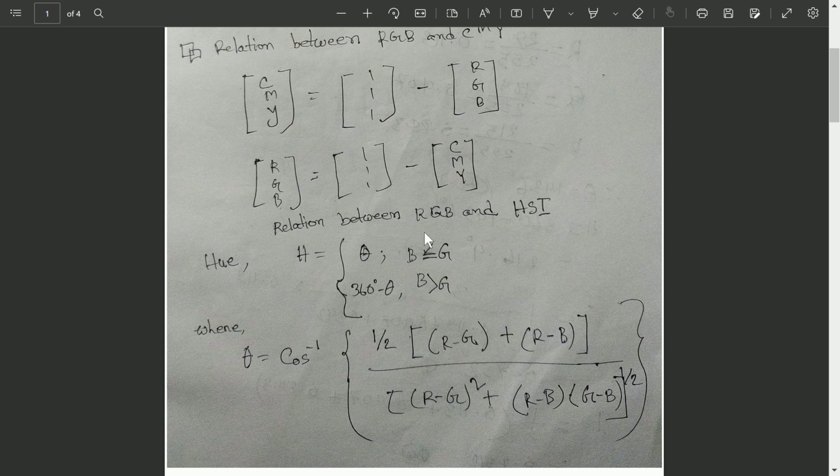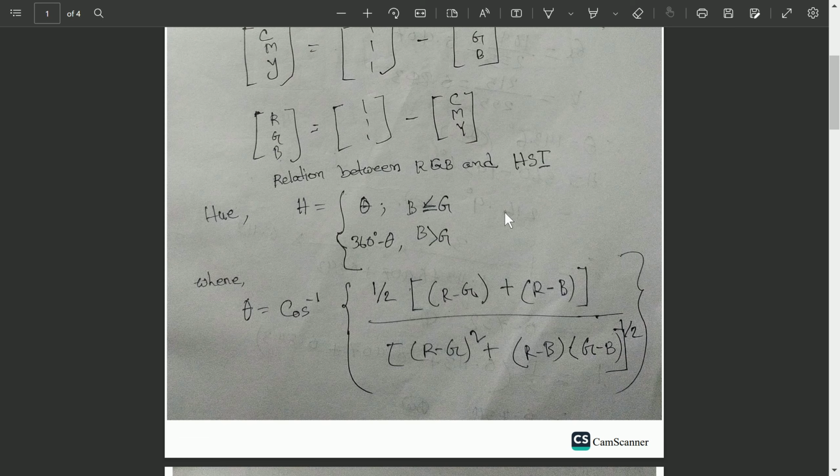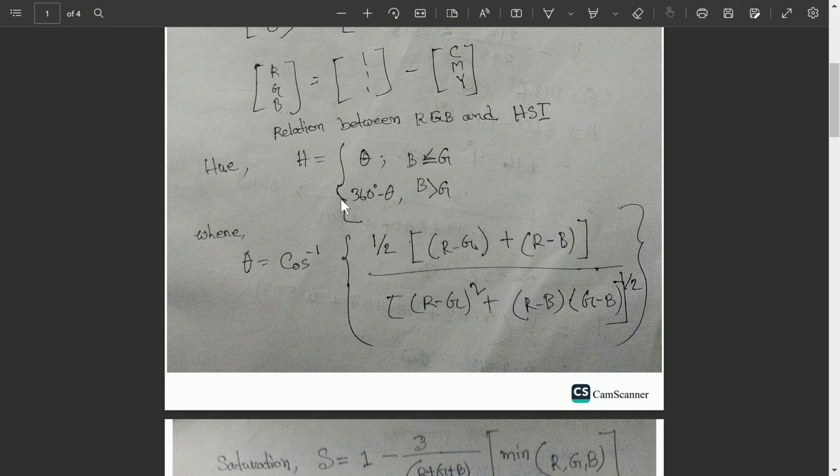And the relation between RGB and HSI is: H is equal to theta when B is less than or equal to G, and when B is greater than G, then H is equal to 360 degrees minus theta.